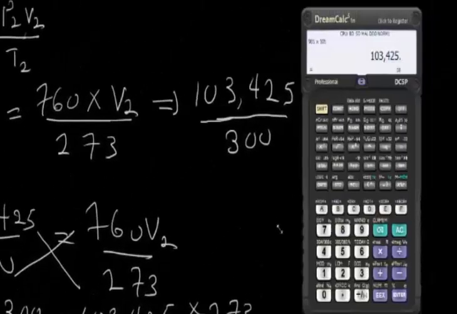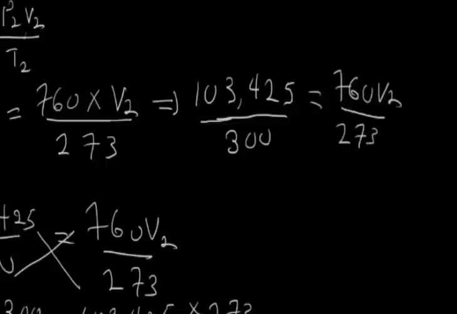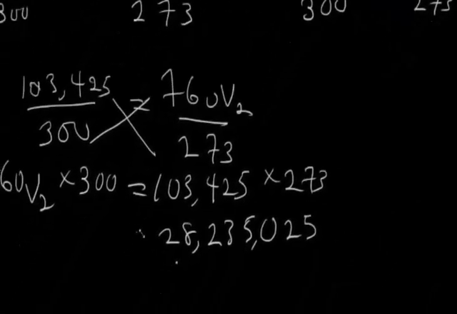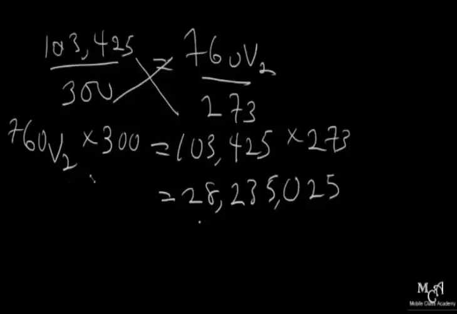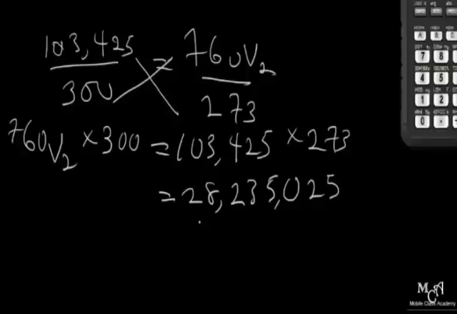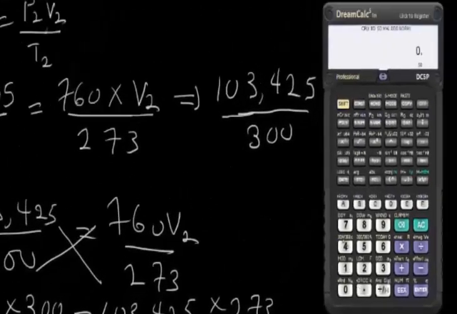That gives 28,235,025 equals 760 V2 multiplied by 300, which is the same as 760 times 300 with V2 by the side. 760 multiplied by 300 gives 228,000 V2.